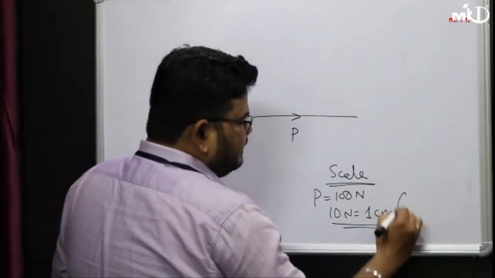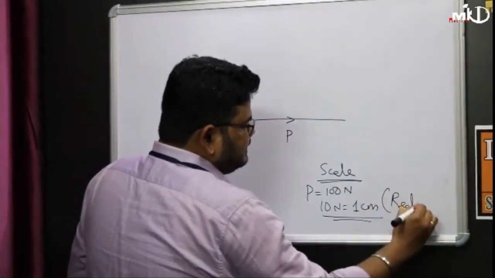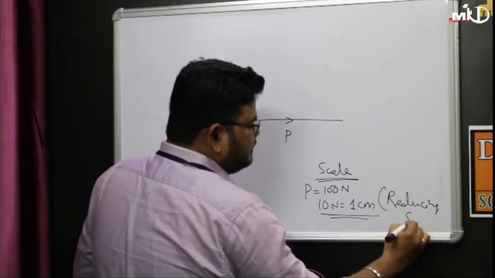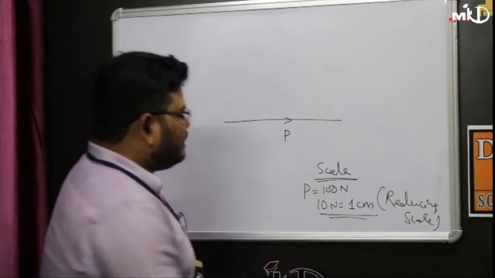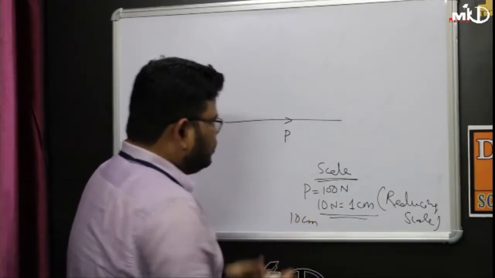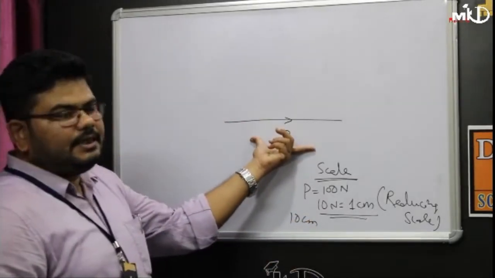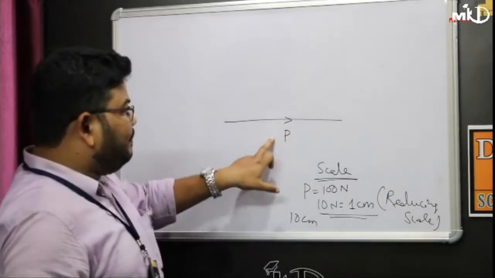This will be my scale, called a reducing scale. So I have reduced the value of 100 Newton into 10 centimeter. Now a force is represented by a line P.